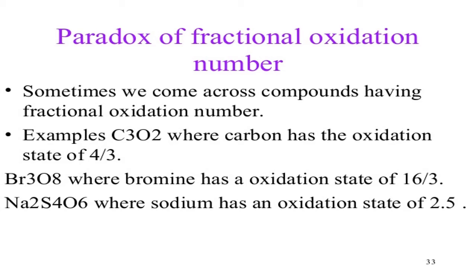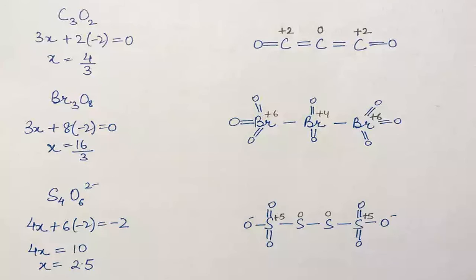Okay, right. So now we are going to discuss why these show ON in a fraction, by understanding their structures. This is carbon suboxide, C3O2. This is the structure. Among the three carbons, the central C is very important. It is exactly in between the two carbons.